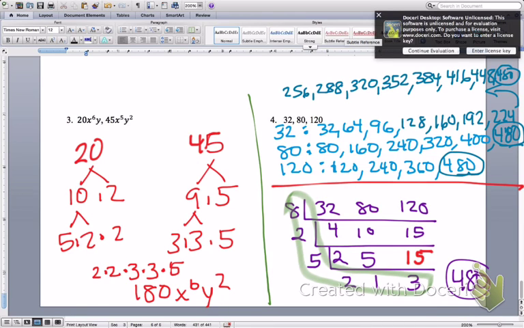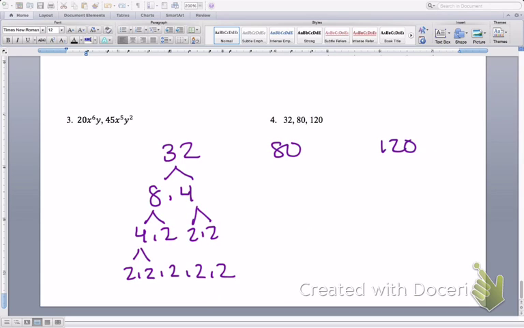Let's go ahead and do the last method, which is the tree method. So we have to make the tree for all 3 of the numbers. Here's our first tree. Let's go ahead and do the next one. We can do 16 times 5. We have 4 times 4 times 5.